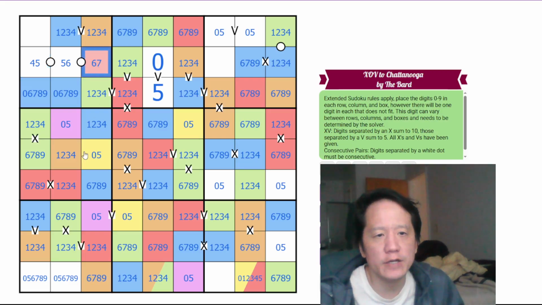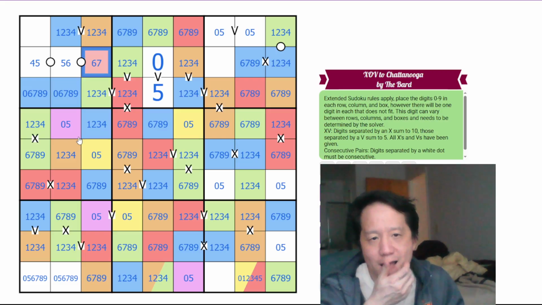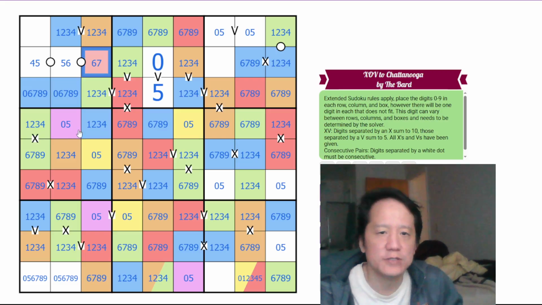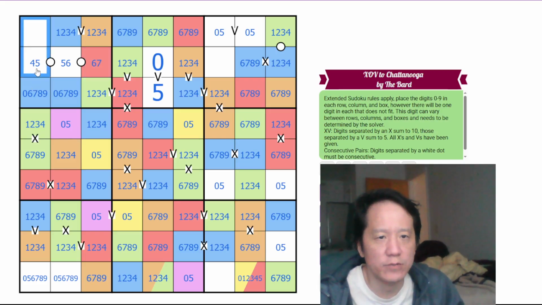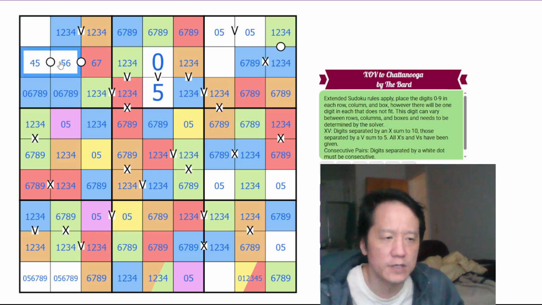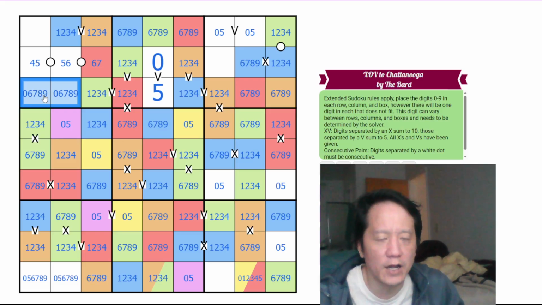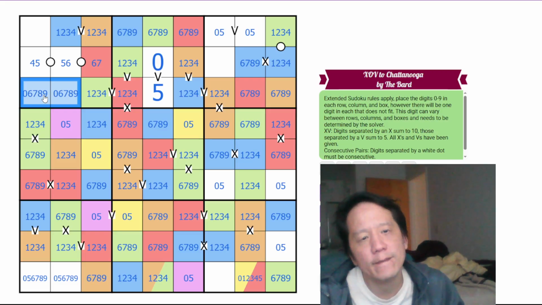So red is 6 or 7. What else are we missing? This could be low red, or it could be high orange here. We're missing, one of these is a 5. We have a 0 here, and one of the other ones is a blue high. So we're missing a high orange.